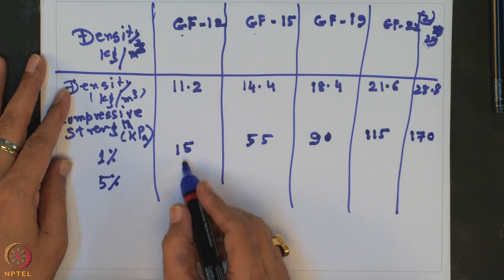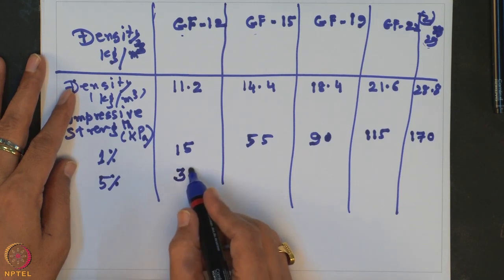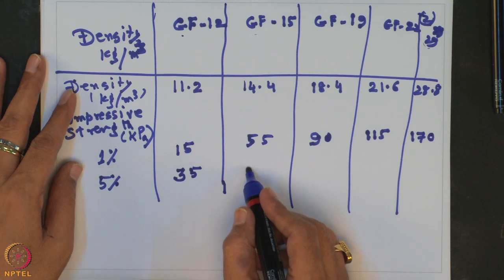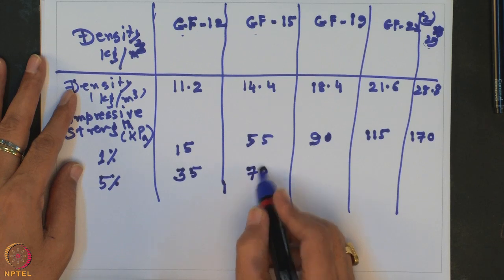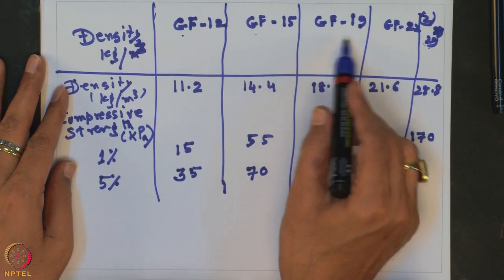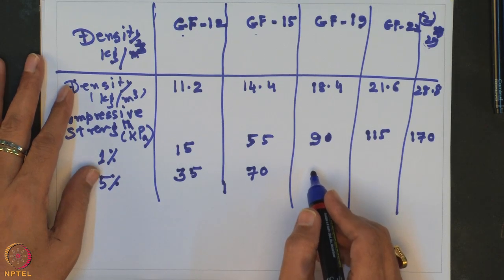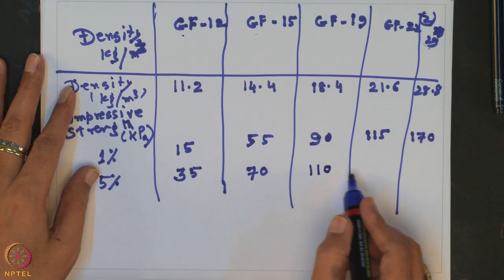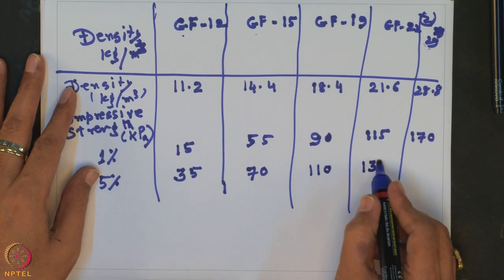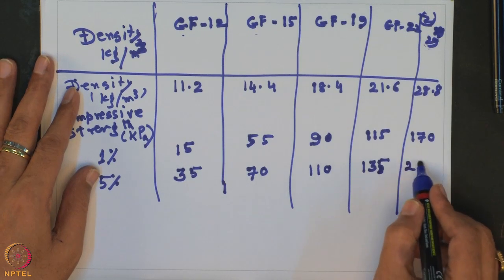So, for the EPS geofoam 12, for 5% the compressive strength will be 35, and for the next one at 5% this will be about 70 kilopascal, and for the compressive strength of the geofoam 19 density this will be around 110, and for geofoam 22 this compressive strength will be 135, and for GF 29 density this value will be 200.